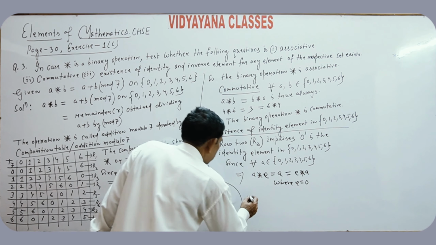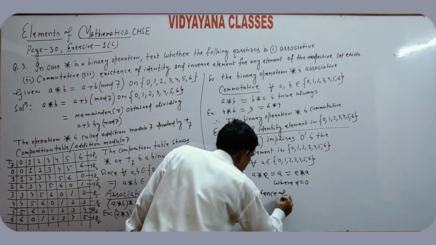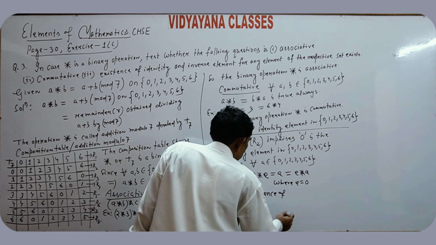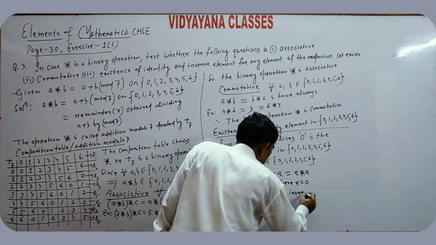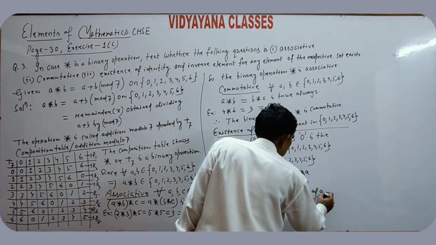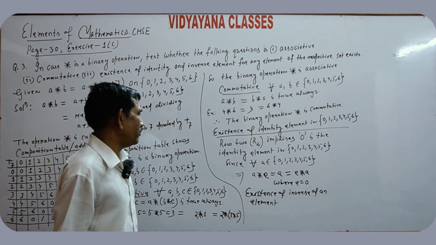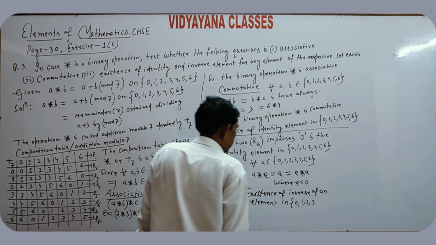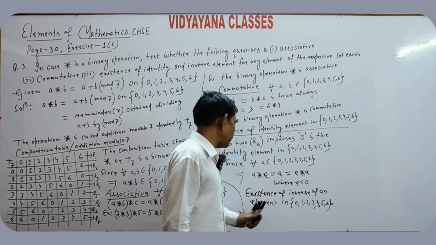Next, existence of inverse. Existence of inverse of an element in the set of 0, 1, 2, 3, 4, 5 and 6.